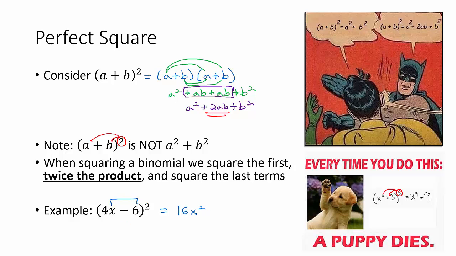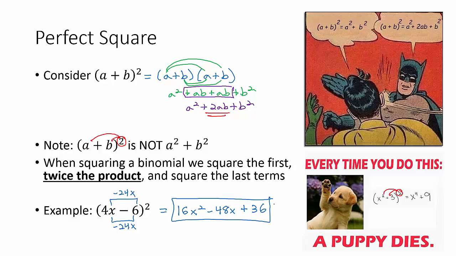But then we need to multiply them together. 4 times negative 6 is negative 24x. And it's going to be there twice. Negative 24 and negative 24. Twice the product is negative 48x. And then we can square the last term. Square the 6 to get 36.